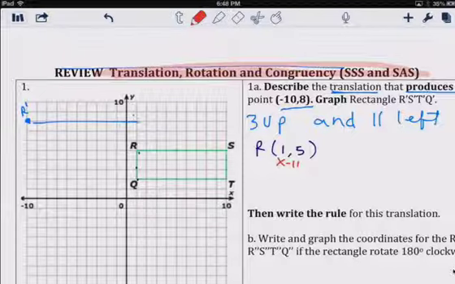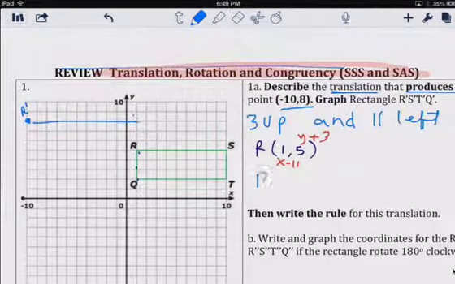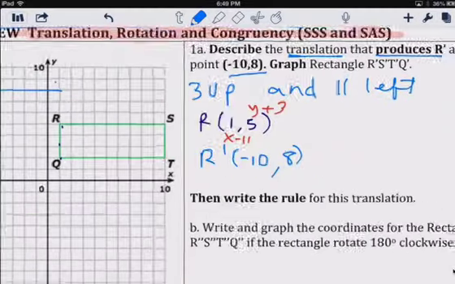Yep, left 11. And from y 5 to 8, you have to add 3. Okay, so that would give me R prime of negative 10, and y 5 add 3, that's 8. Yep, that's right.